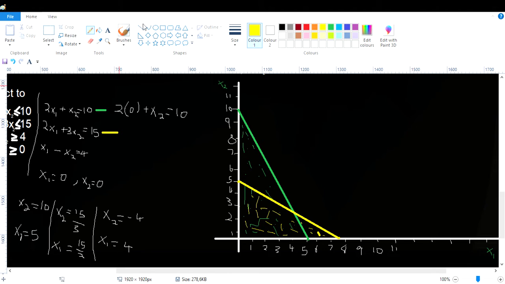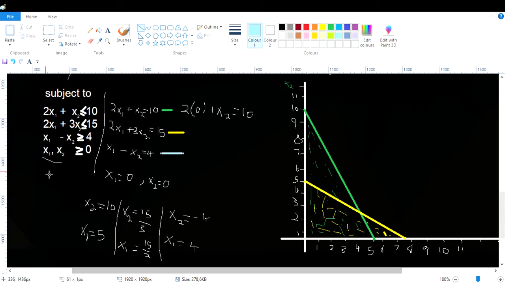Then for this one, I'm going to use light blue. So the first point is -4. Here we don't consider negative numbers because of this restriction. Because of this restriction, we only focus on the first quadrant.